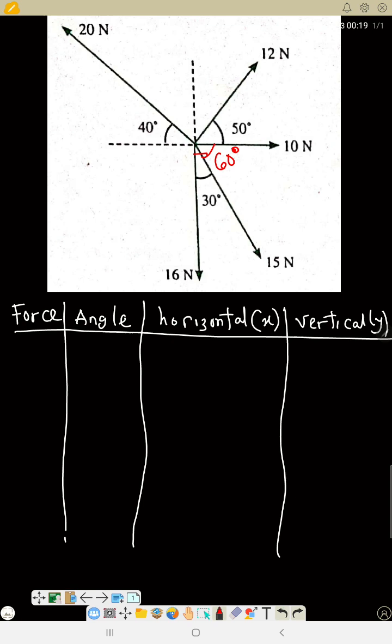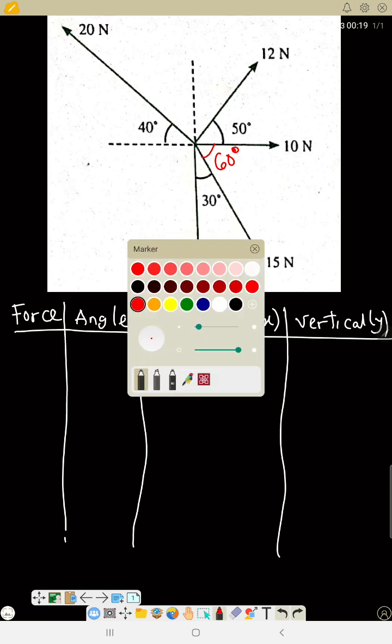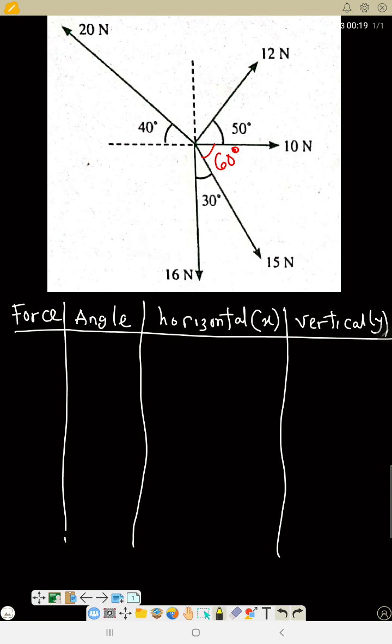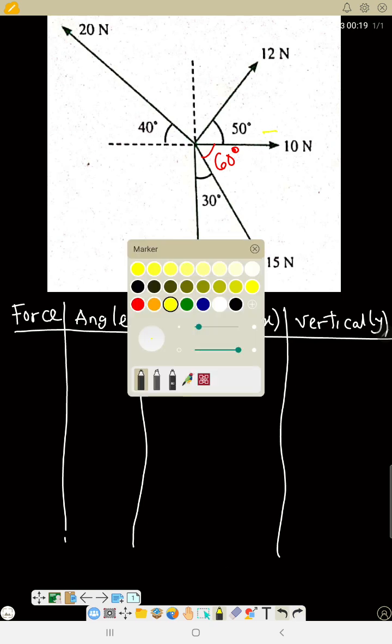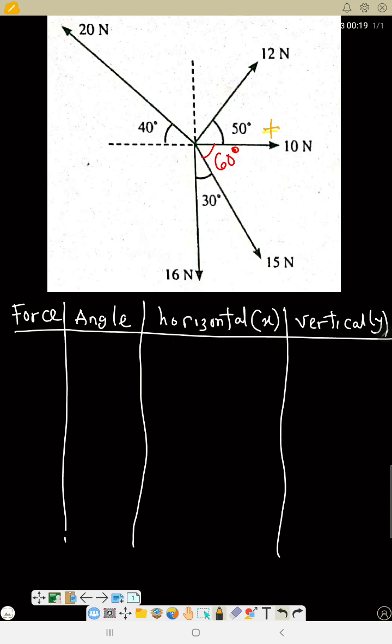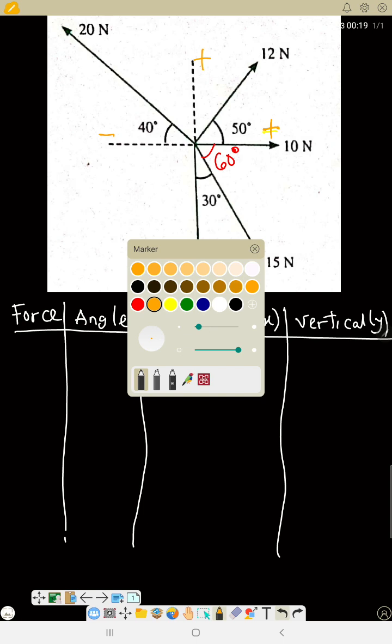I'm using the horizontal angle so that all my horizontal components will be cos. And the signs there are plus, plus, plus, minus, minus.